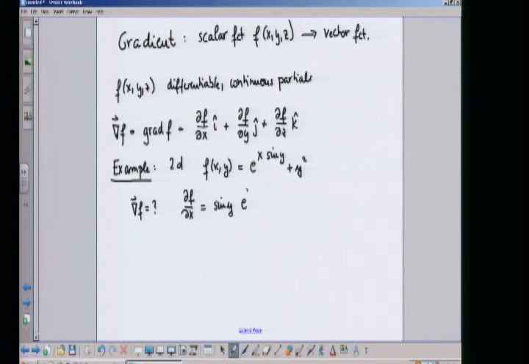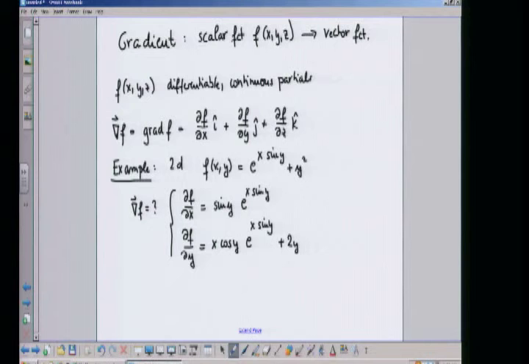E to the x sine y. And the y squared gives you 0 if you take the derivative with respect to x. And then we have df dy. So it has the same outer derivative, right? The inner derivative will give you cosine y times x. If you take the derivative with respect to y, e to the x sine y, and then the y squared will give you 2y. So these are the 2 partial derivatives.